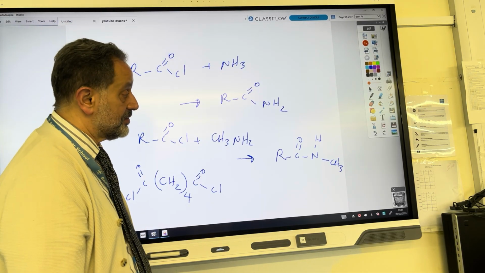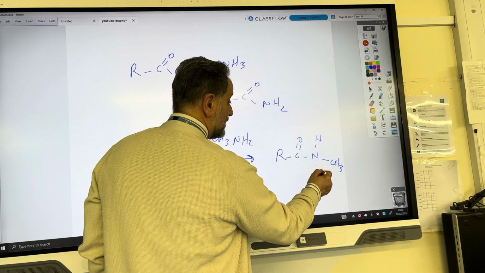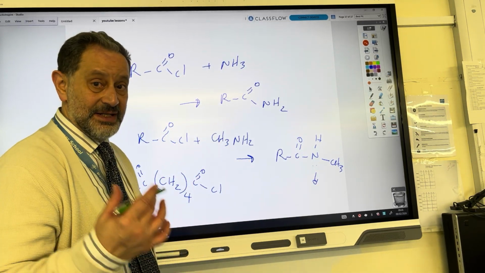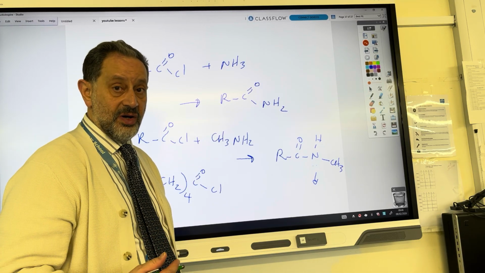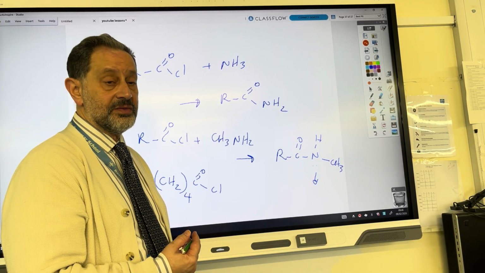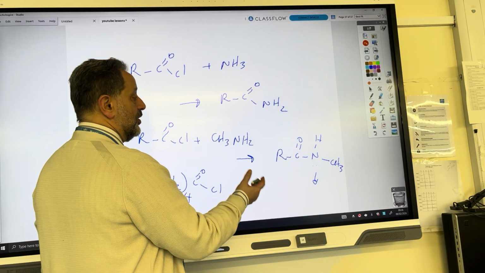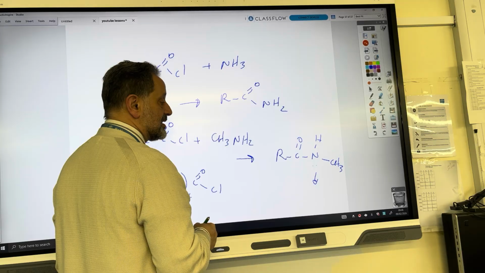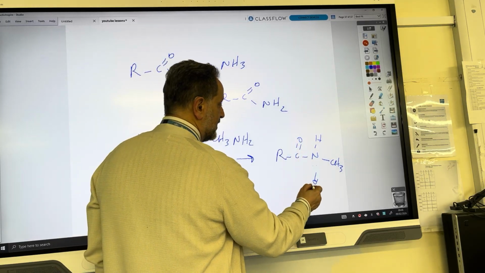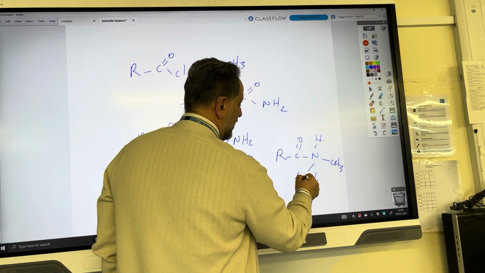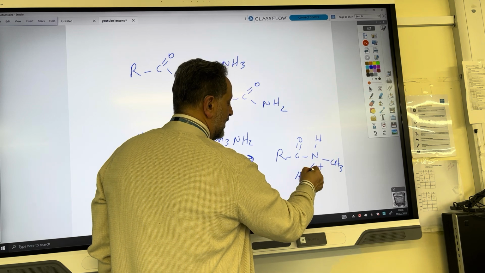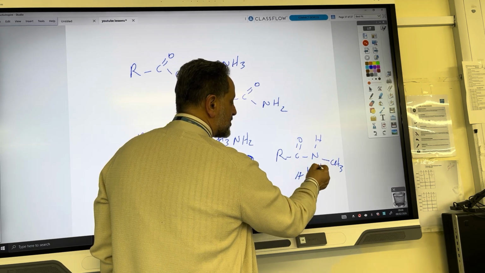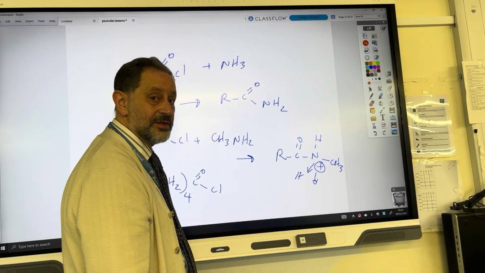These amides are also basic in nature. They can pick up a proton in an acidic environment and turn into a corresponding salt. So if you put some hydrochloric acid in that medium, or hydrochloric acid was present, then you will have another hydrogen there. And don't forget, when the dative covalent bond forms, when the lone pair is lost, don't forget to put the plus charge there.